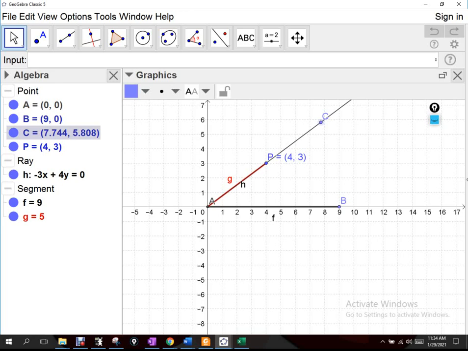Because any point that is on that ray, like P or like C, or any of those C's that any of the infinite C's that can be realized from that ray, okay? When I take that y value divided by the r that is attached to point C, I will always get the same ratio as I get when I take the 3 from point P and divided by the r that is attached to point P.